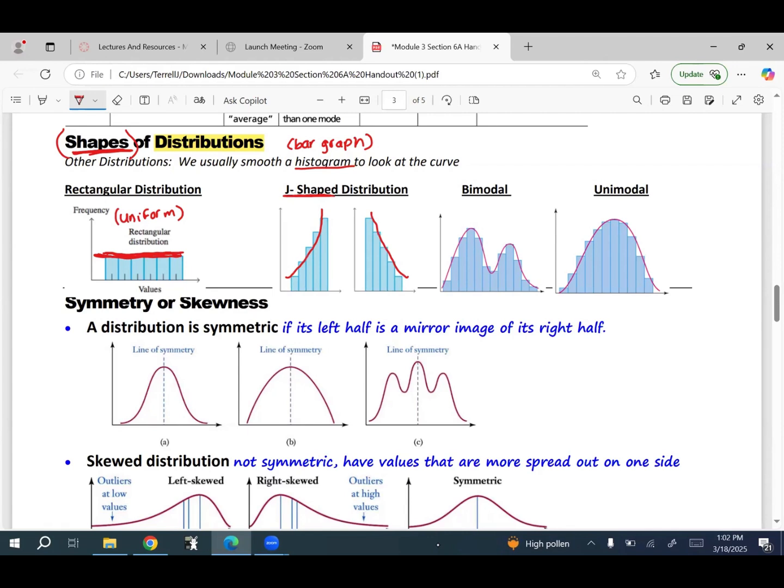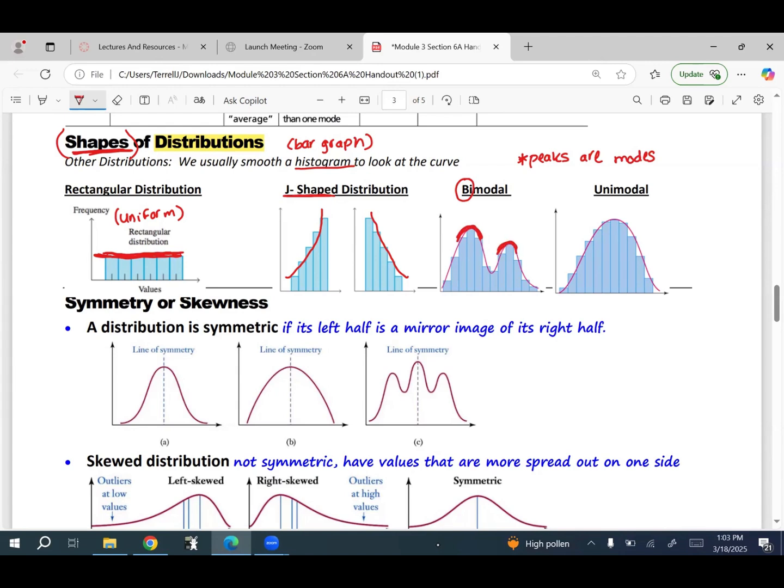And then you can also describe the shape of data by its modes. So this is called bimodal. Bimodal means there's two modes, or peaks. Peaks are mode. So if you see here, here's one peak, and here's another peak or mode.